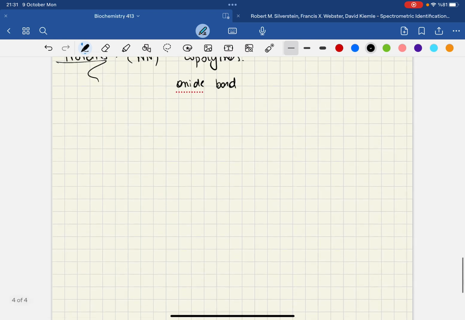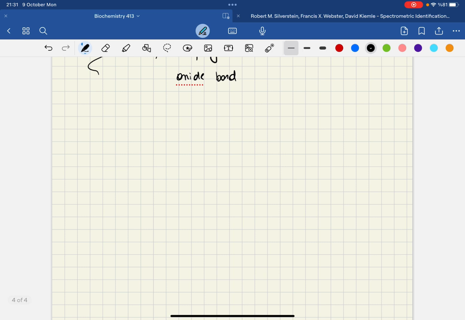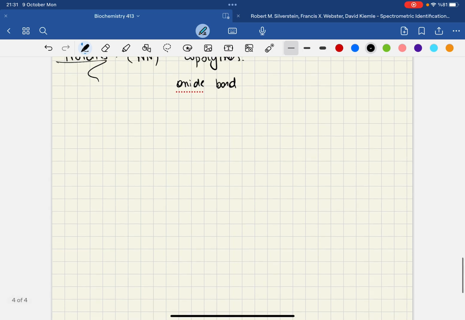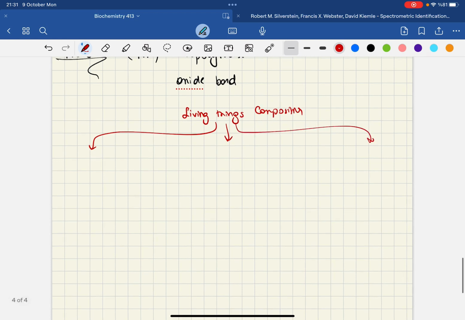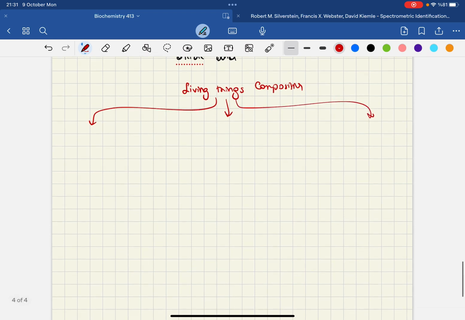And now we are going to discuss all of this. Living things are composed of what? Their composition: they are composed of four different materials, but we will first focus on the first three, which are the carbohydrates, and then the proteins.